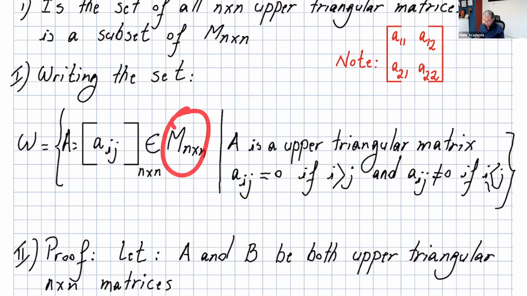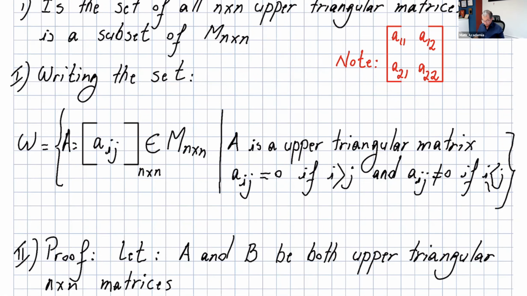You know that's an n by n square matrix, and we define it such that it is an upper triangular matrix. That means a_ij equals 0 if i is greater than j, and a_ij is not necessarily 0 if i is less than or equal to j. Basically, upper triangle. So if i is less than j, then it's not 0. If i is greater than j, then it's 0.